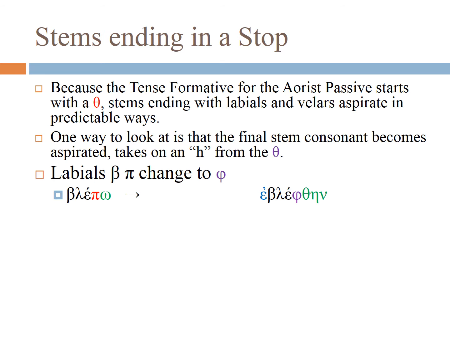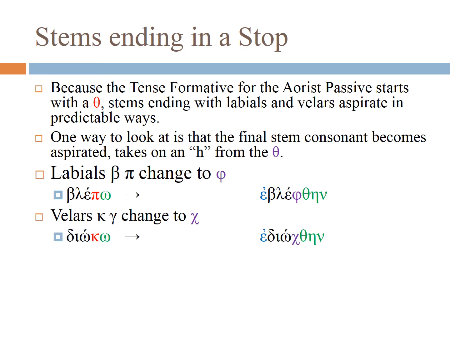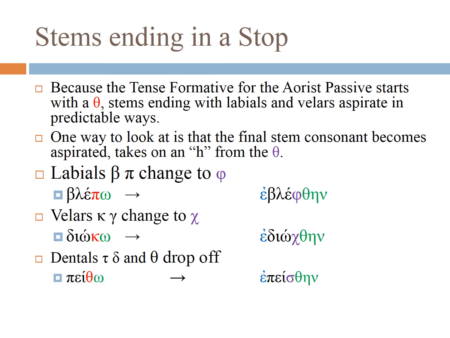Blepo becomes eblephthen. Velars, kappa and gamma, change to chi. Dioko becomes edioxthen. Dentals, tau, delta, and theta drop off. And we get, for pascho, epasthen.